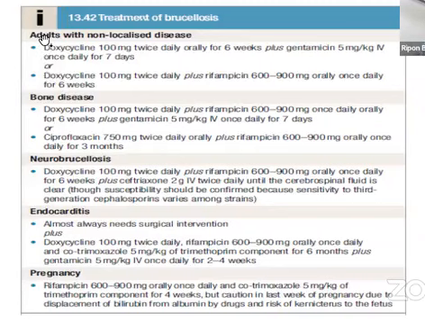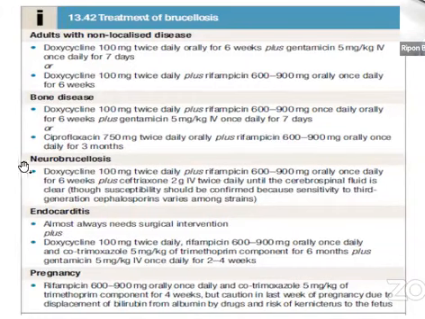If the patient is an adult with non-localized disease, preferred therapy is doxycycline plus gentamicin or doxycycline plus rifampicin. If the lesion is in bone, osteomyelitis or others, then doxycycline plus rifampicin or ciprofloxacin plus rifampicin.